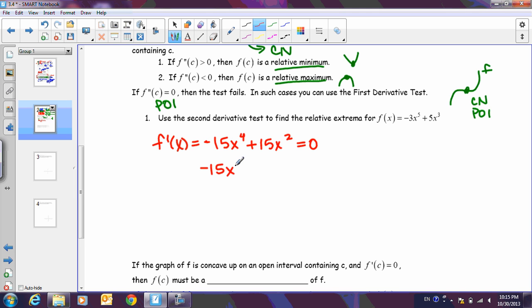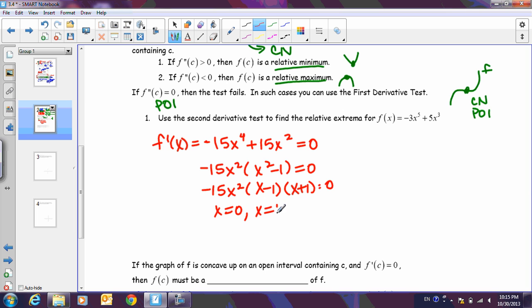I'm going to factor out negative 15x squared. I'm left with x squared minus 1, which I can factor further into x minus 1, x plus 1. So then my three numbers: x equals 0, x equals 1, x equals negative 1.